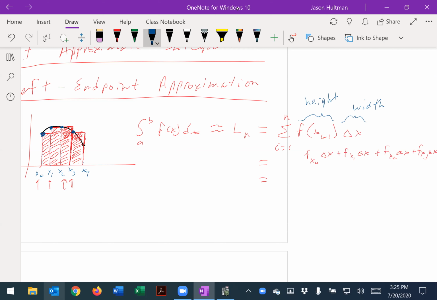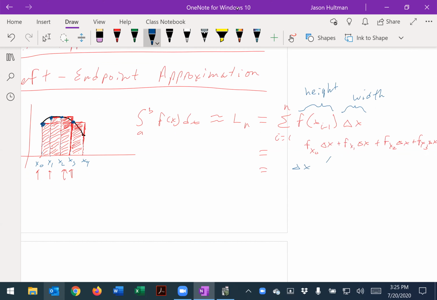Each rectangle has to have a common width. So we can factor out the delta x and just add up the heights: f of x0, f of x1, f of x2, f of x3, and then multiply by delta x.